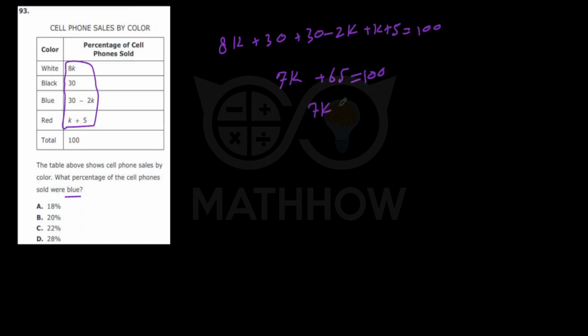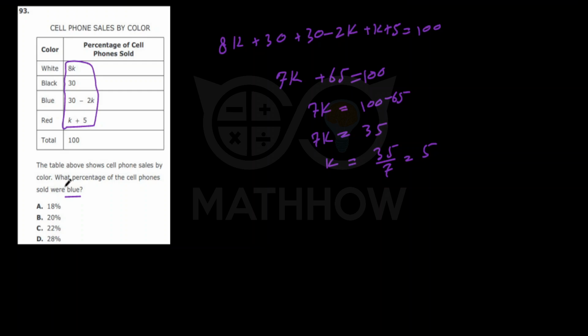Subtracting 65 on both sides, this will result in 35. 7k equals 35. Dividing by 7 on both sides, 7 will cancel out, and this will become 7 5s are 35. So the value of k is 5.